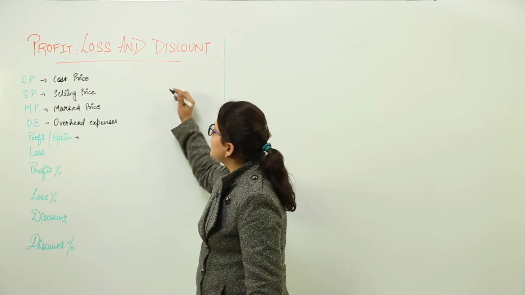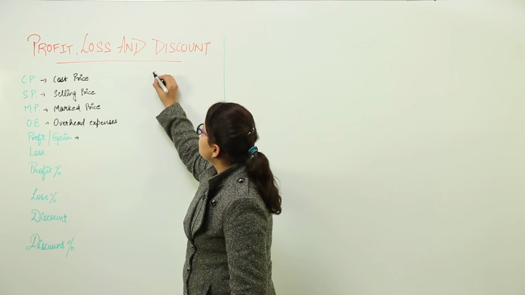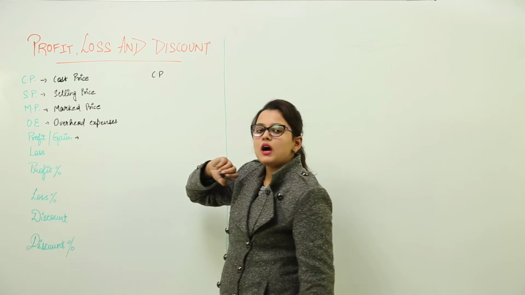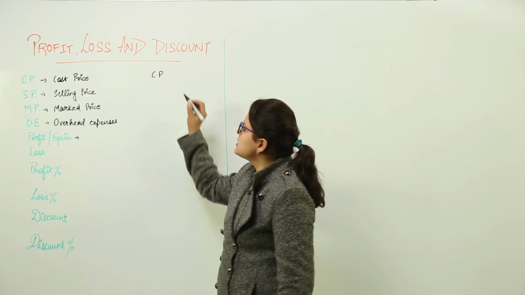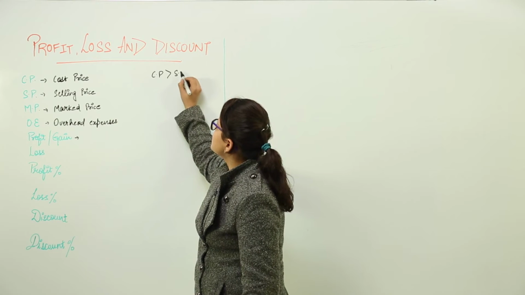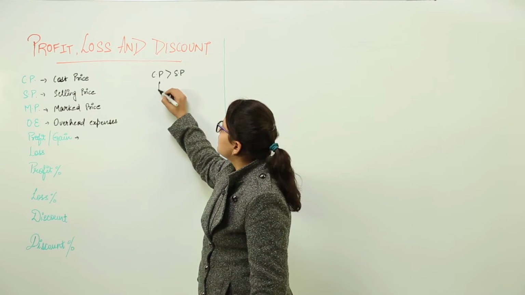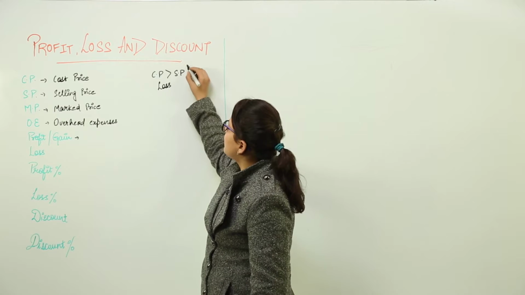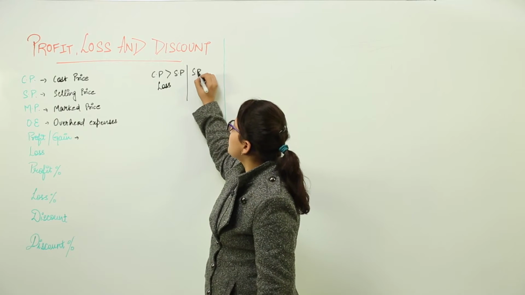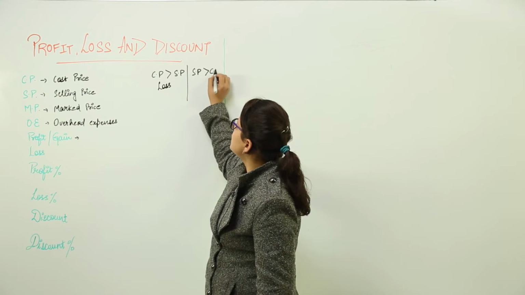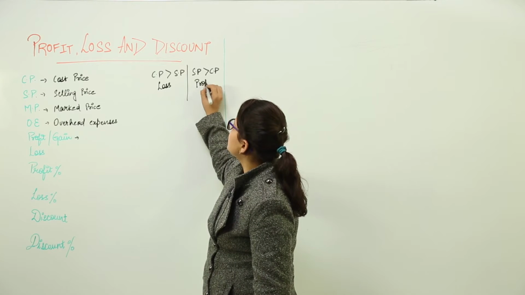First of all, I'll tell you one logic. If the cost price of any article or any item is greater than the selling price, then we say that a loss has occurred. If the case is opposite, that is, if SP is greater than CP, we say a profit has occurred.